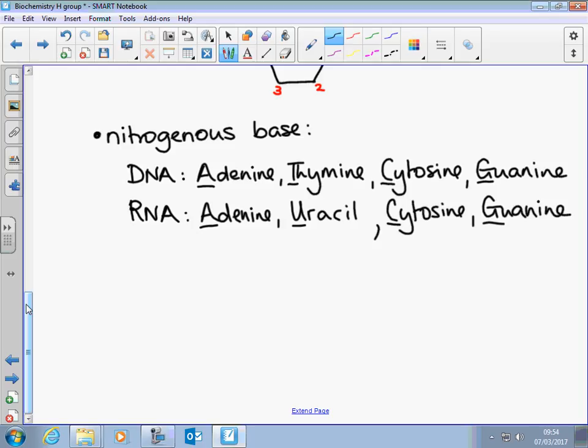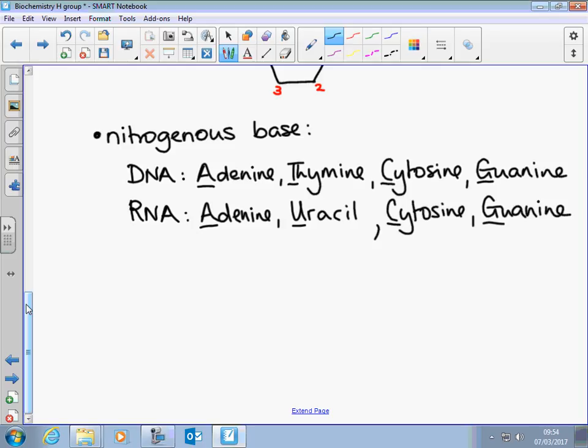I'll use our very simple model. What you have is the backbone of this molecule, and on this one it's yellow and purple, forming the sugars and phosphates down the sides, and the bases are paired up across the middle between the 2 strands. And you can see we've got dark blue pairing with light blue, and dark orange pairing with light orange.